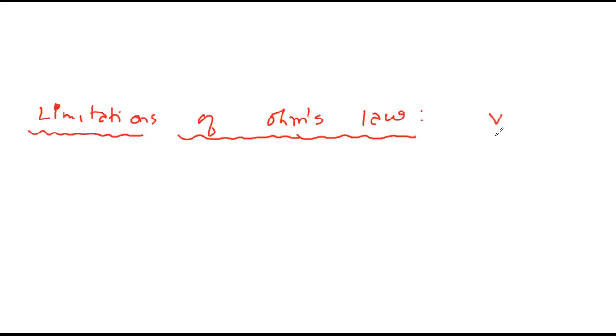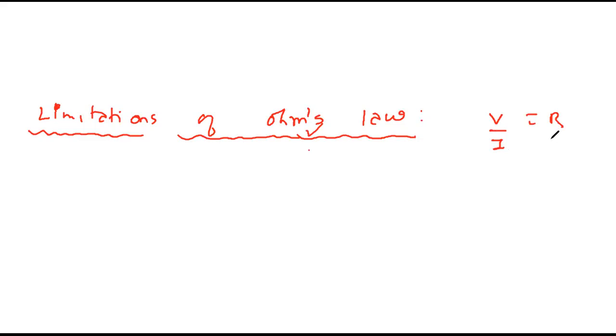What is V upon I? R. That means if I want to obey or follow Ohm's law, this ratio should be constant, right?